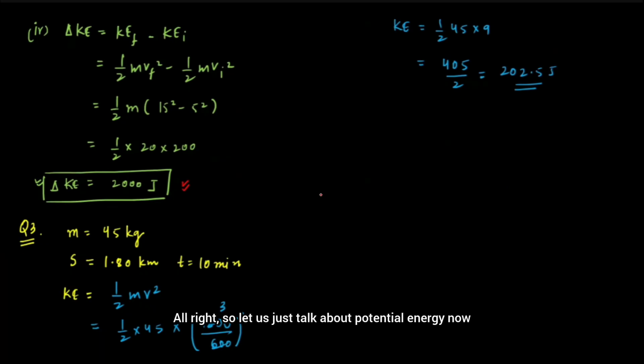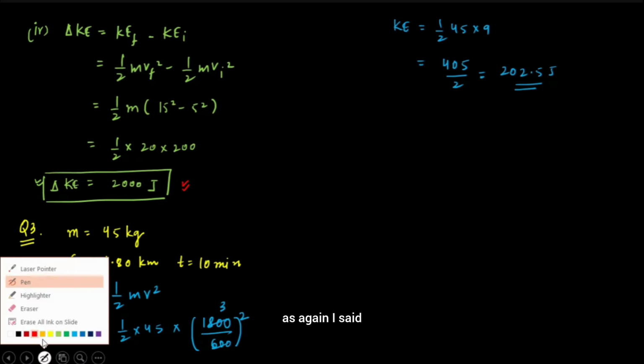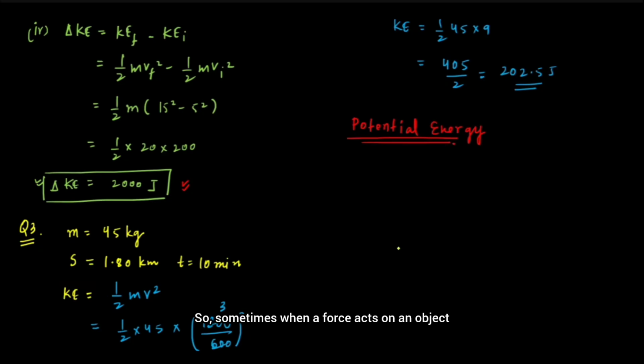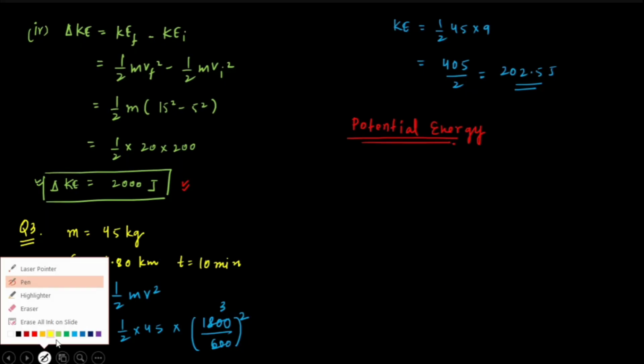So let's just talk about potential energy now. So potential energy, as again I said, is something which is associated with the configuration or the position of an object. What does it actually mean? Let us try to understand it. So sometimes when a force acts on an object, it changes its position with respect to the initial coordinate.